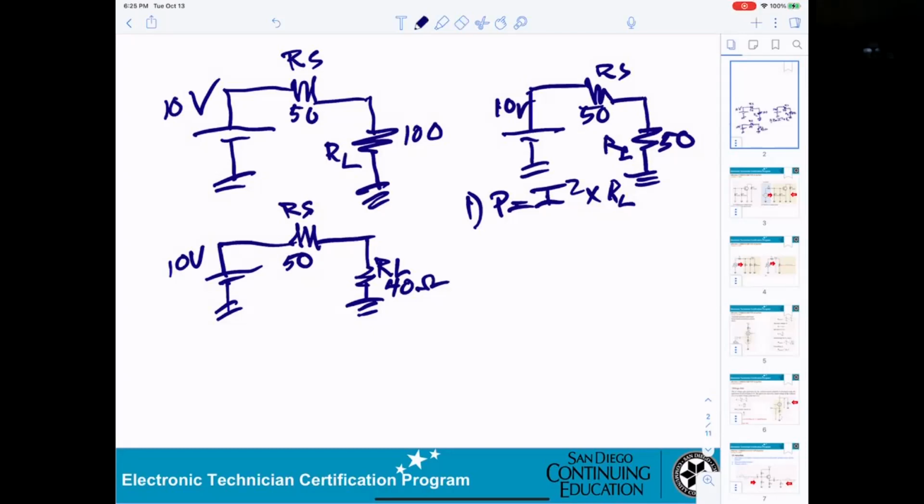I is 10 volts divided by 100 milliamps, excuse me, 10 divided by 150, right? 150, the total resistance. Okay, so 10 divided by 150. Somebody got a calculator that can tell us what that is? 0.06. 10 divided by 150, where's the other 50? He's got 2 resistors. Oh, I'm sorry, I see now. My bad. I got it.